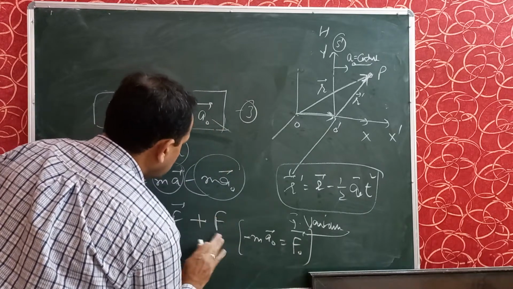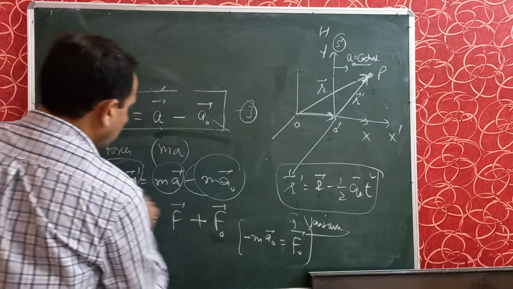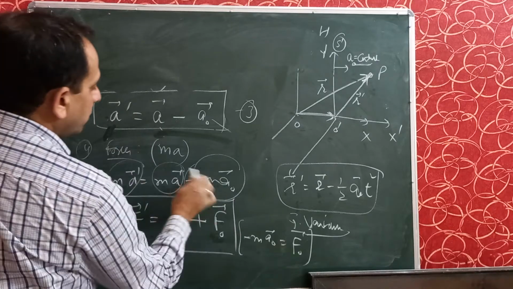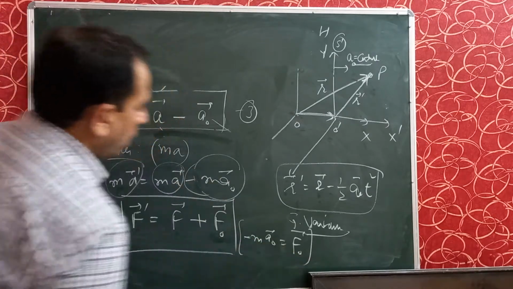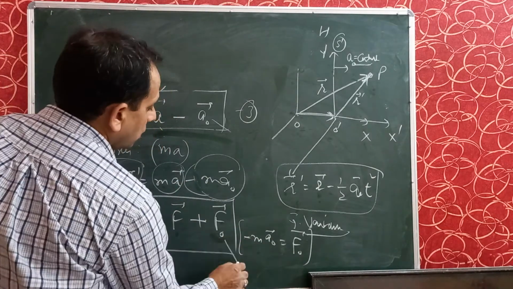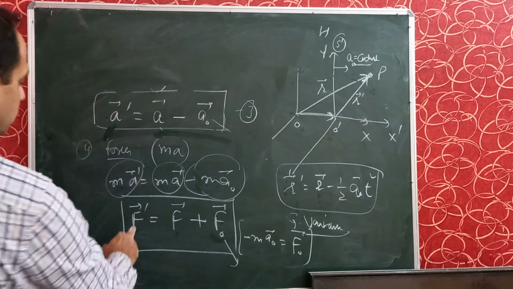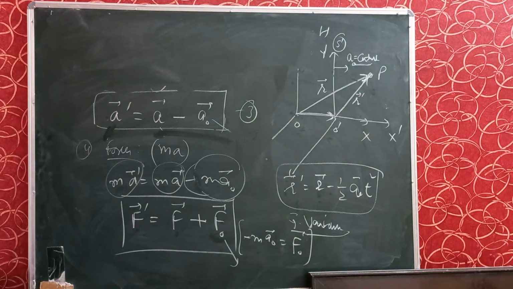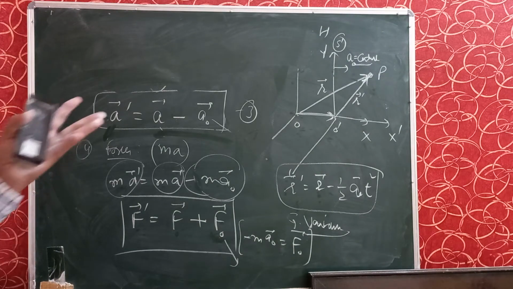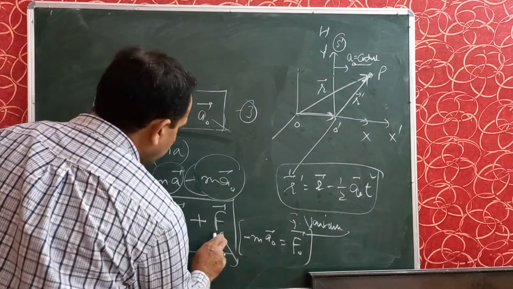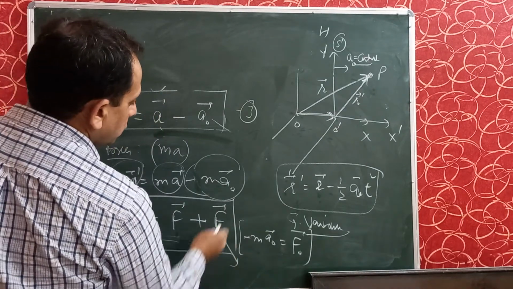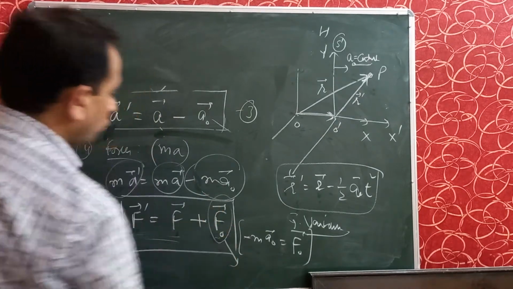I have put this minus ma naught as F naught, and this force is applied by the frame, but these other forces are of the particle. So, frame force and particle forces are different, so this force is different from those two forces.